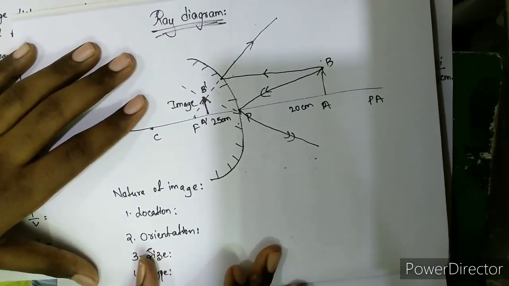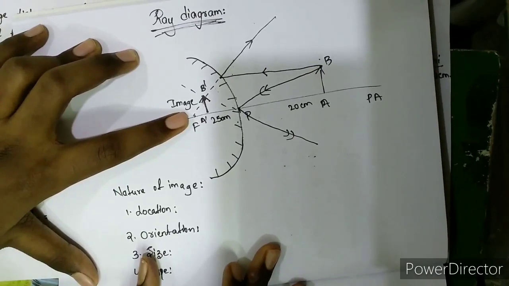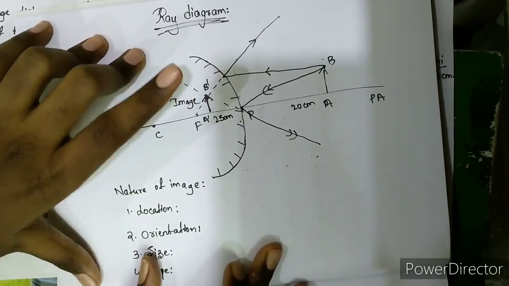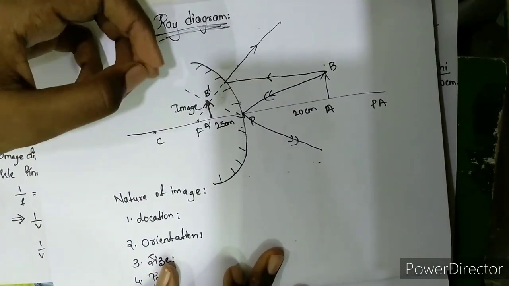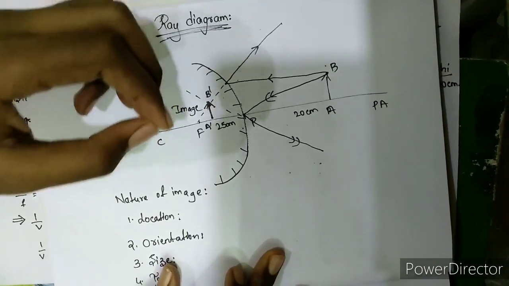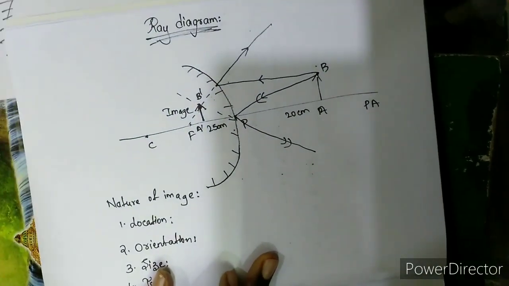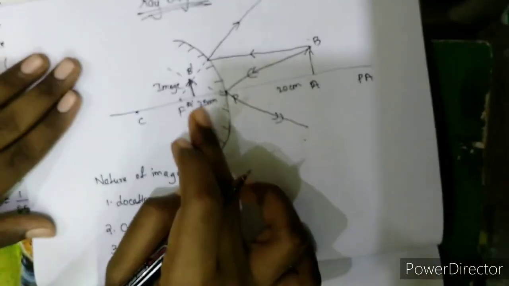First, location. We can observe that the image is formed between the focal point and the pole. We can write it in this way, or we can also write that the image is formed at a distance of 11.2 centimeters in front of the mirror.